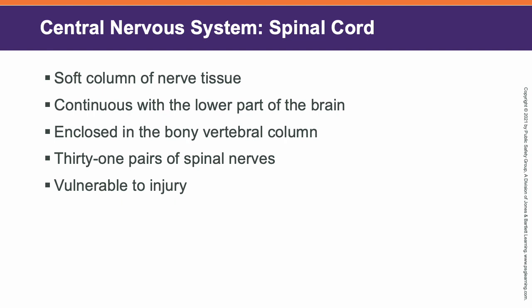And since that can move, it is vulnerable to injury. Whereas your brain, right, your skull does not move. Your skull is one big bone that doesn't articulate with itself really anywhere. And so it is a much better protection for your brain than it is for your spine.